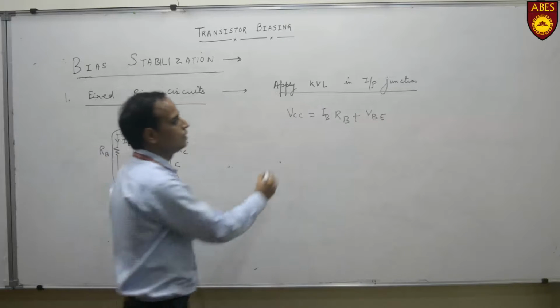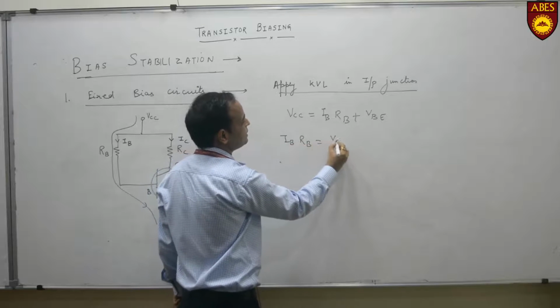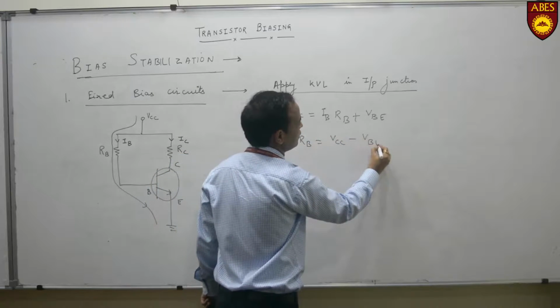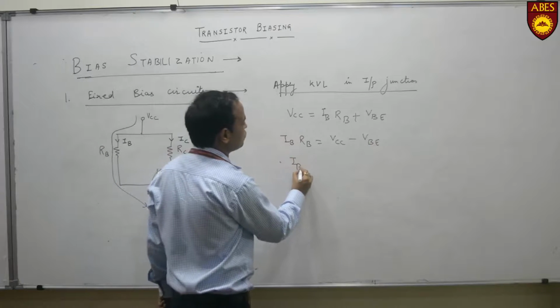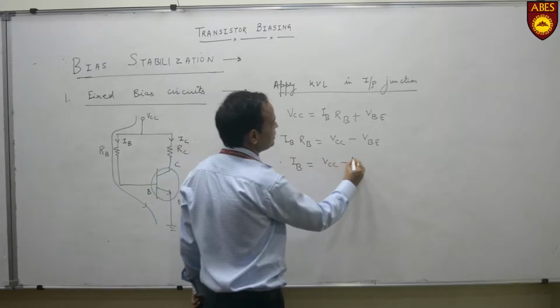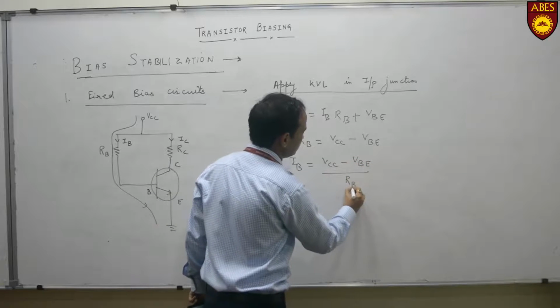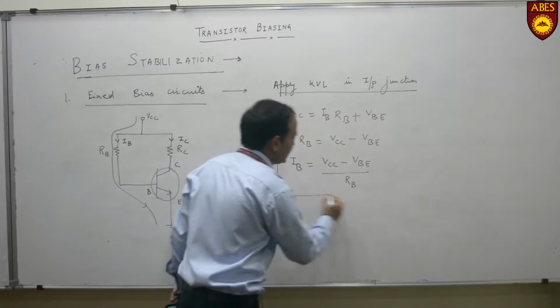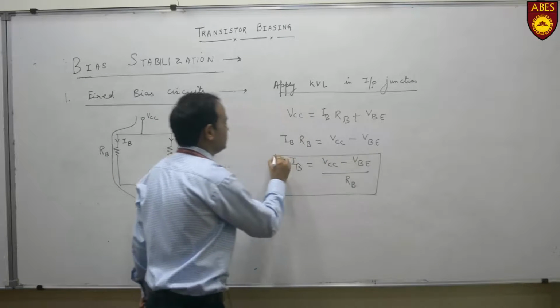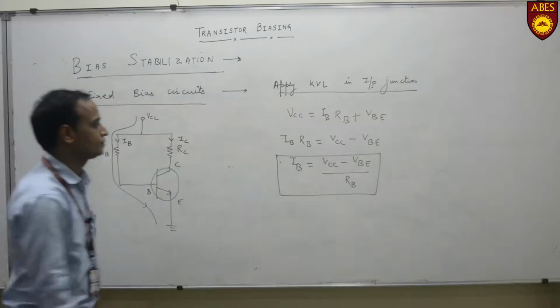So from here IBRB comes out to be equal to VCC minus VBE, and IB comes out to be equal to VCC minus VBE upon RB. So I get a very first expression which is giving me the value of base current.